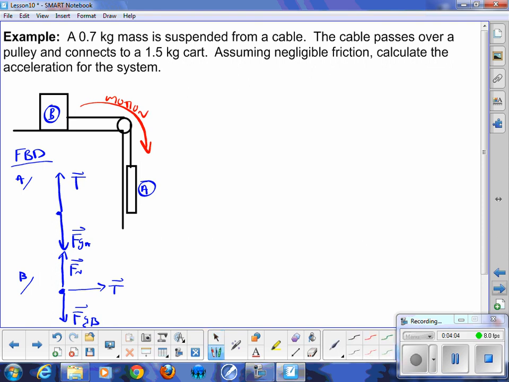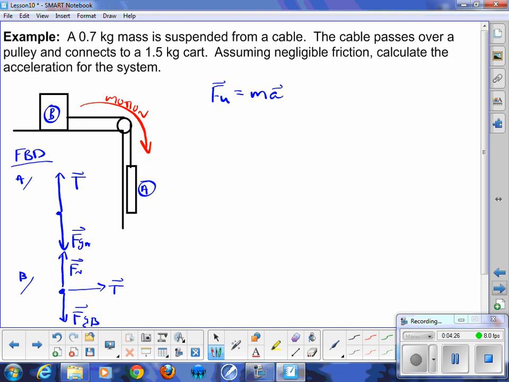So once we have that, the second step is to calculate acceleration for the system. So we know that the unbalanced force is equal to mass times acceleration. So what is involved with our unbalanced force? What is acting against the motion?